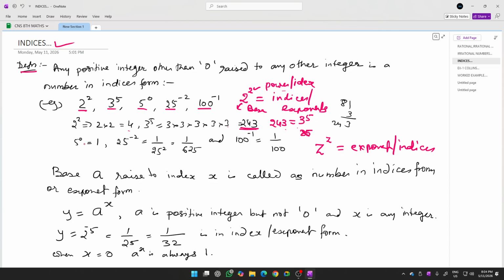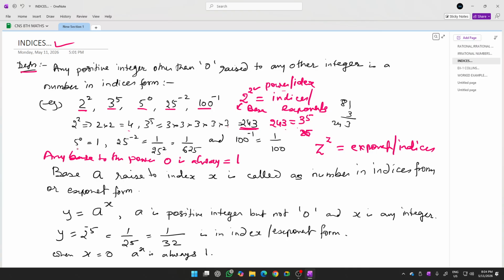So 5 raised to 0. Now anything raised to 0, if the base is any number but the index is 0, then the value of that indices number or exponent will always be equal to 1. So take from me any base to the power 0, it is always equal to 1.